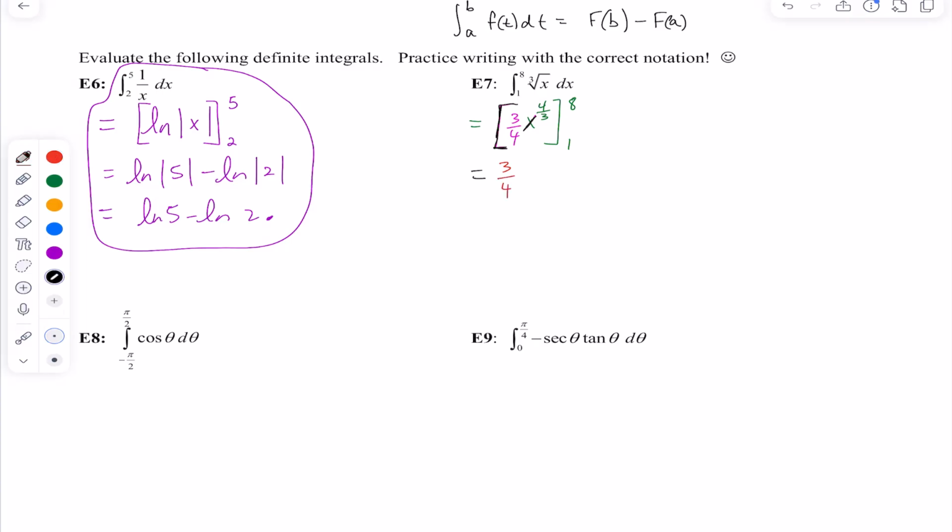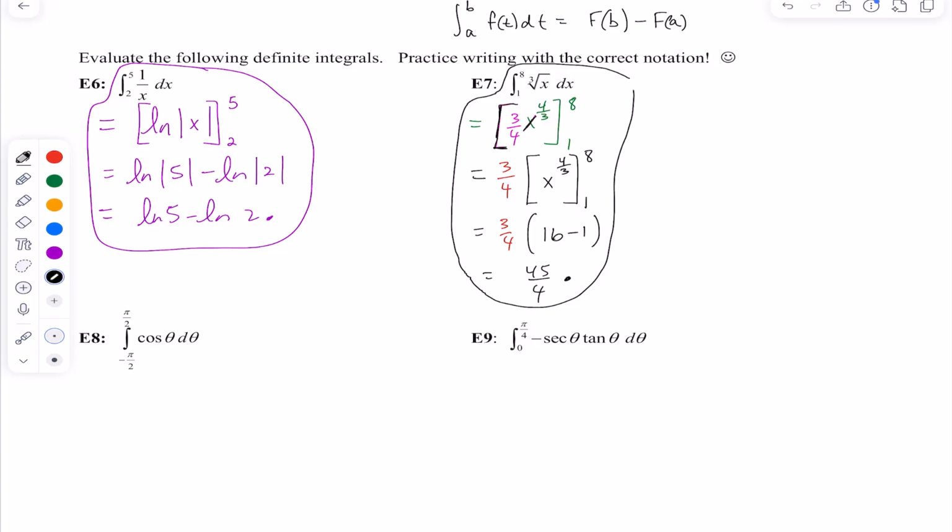And I could actually factor out the 3/4 from our bracket notation. And now we could evaluate from 1 to 8. What we have is 16 minus 1. And so this is 45 over 4. Once again, we simply simplified an expression.